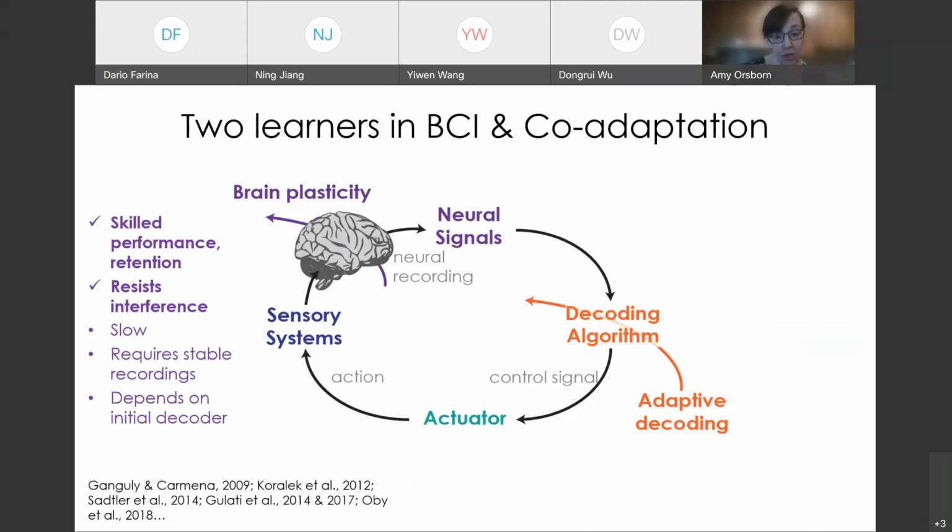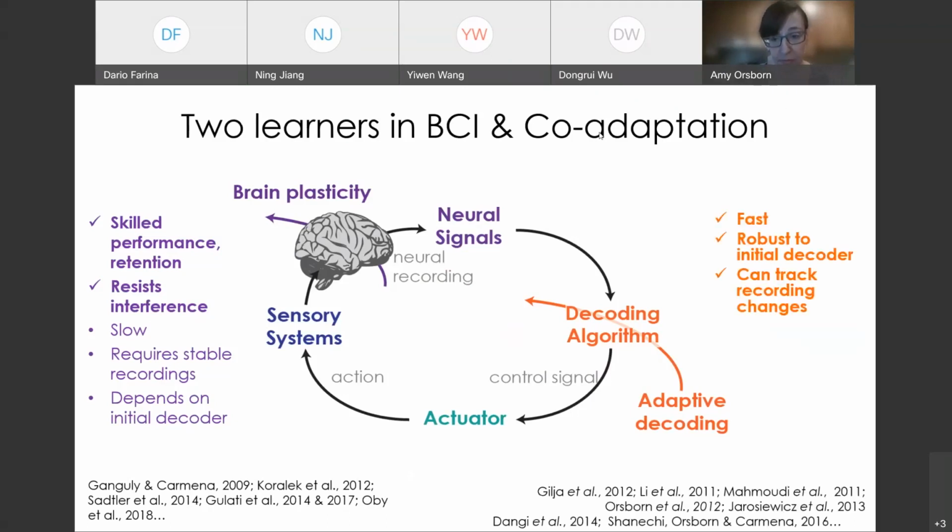So we also have machine learning technologies that we can use. Adaptive decoding tries to adapt the decoder to the brain. And there's been a lot of really great work, including my work, trying to develop algorithms that can do this adaptive decoding to improve performance. And importantly, adaptive decoding has a pros and cons list that looks almost like the mirror image of brain plasticity. So I've been able to develop, for instance, algorithms that improve performance very, very quickly, on the timescale of minutes.